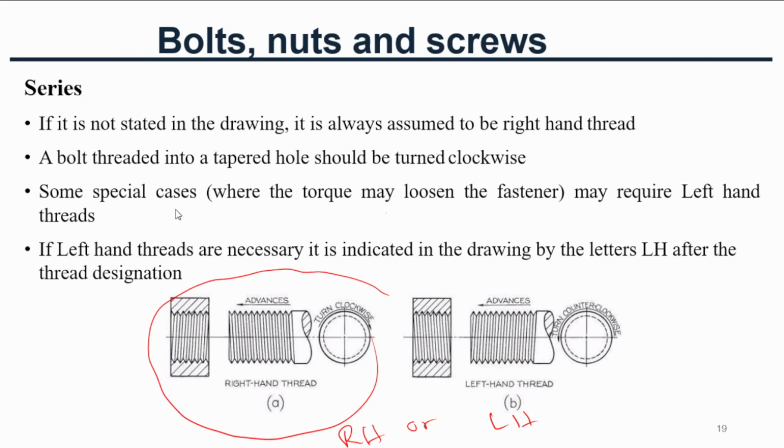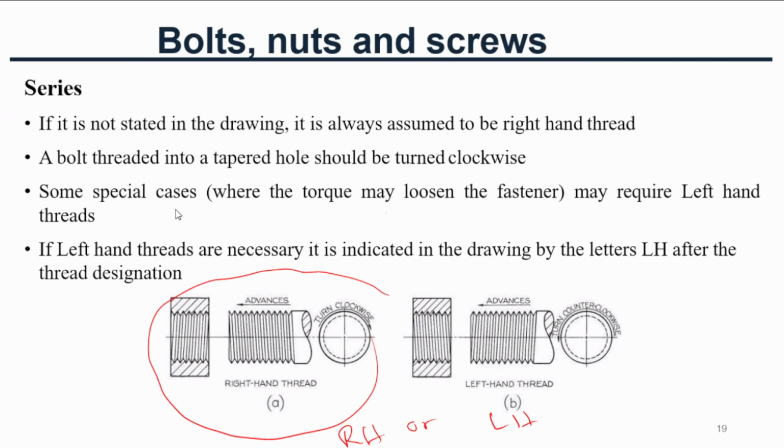So you can use the right hand rule to identify direction. A bolt threads into a tapered hole and should always be turned clockwise to tighten. This is the standard direction for most mechanical fasteners. This is the standard one.